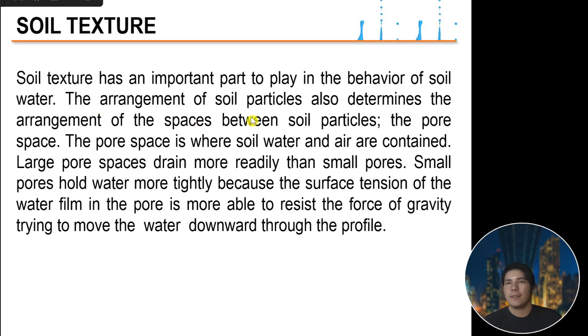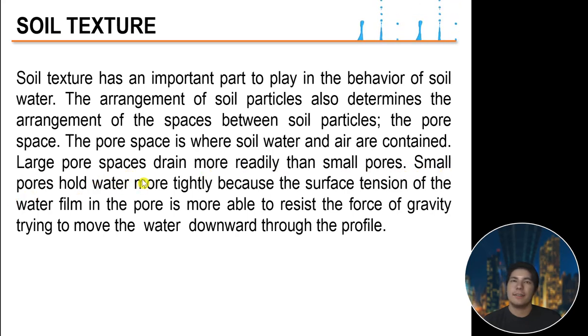So, soil texture has an important part to play in the behavior of soil water. So, the arrangement of soil particles also determines the arrangement of the spaces between the soil particles, the pore space. So, the pore space is where the soil water and air are contained. So, large pore spaces drain more readily than small pores.